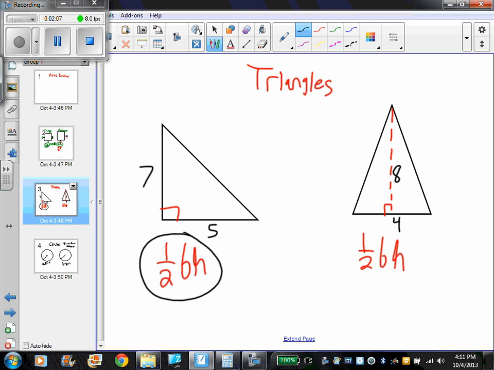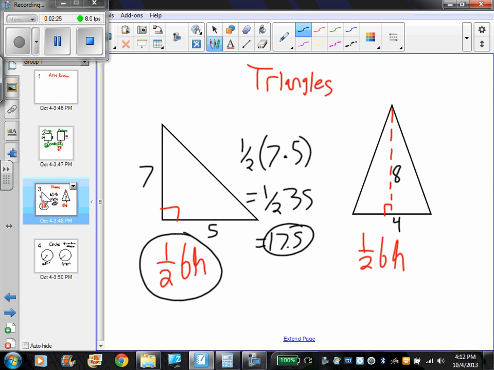So if we have 1/2 base times height for this one, what we're going to have is 1/2 times 7 times 5, which is 1/2 of 35, which is 17.5. And you can use your calculator if you need to figure that out.